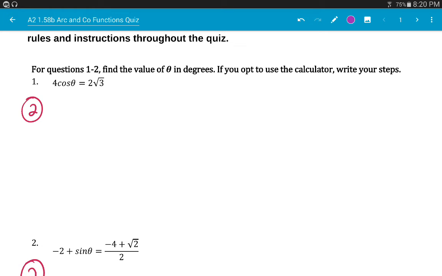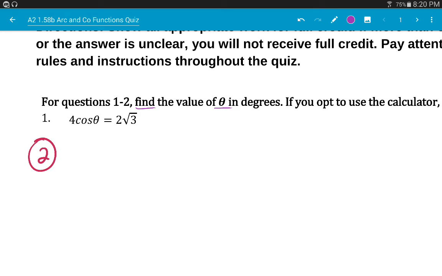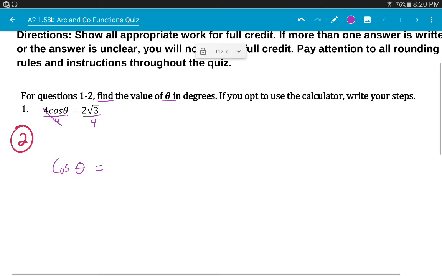If you opt to use the calculator, write your steps. So what we want to do is we want to find theta. So here's what we need to do. I need to get theta all by itself. There's two things I need to get rid of. First, in this case, I need to get rid of the 4, and I do that by dividing by 4 on the right side too. That gets me that cosine of theta is equal to, let me bring up my calculator here.